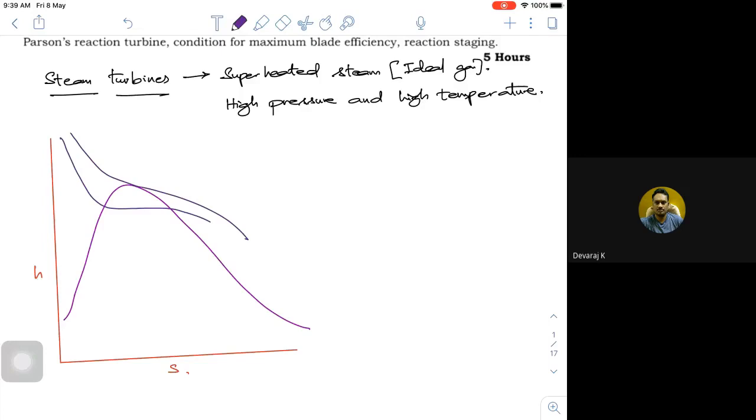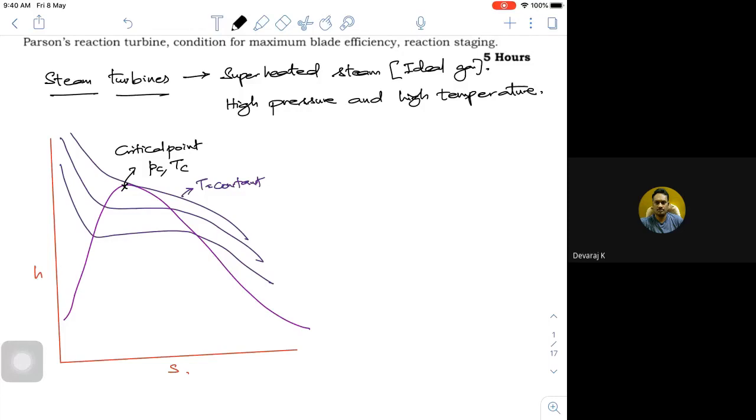It is straight there, it will come here, it will remain straight, and it will go. So these are your T equal to constant lines. Those are called isotherms, and you have a peak point. This is the critical point, and it has a critical pressure and a critical temperature.